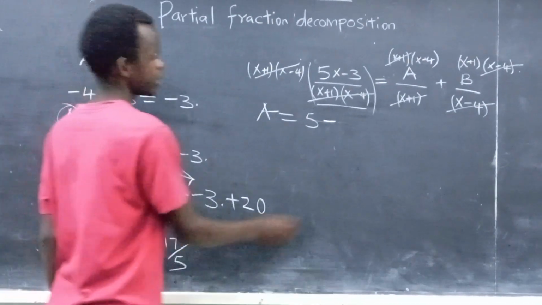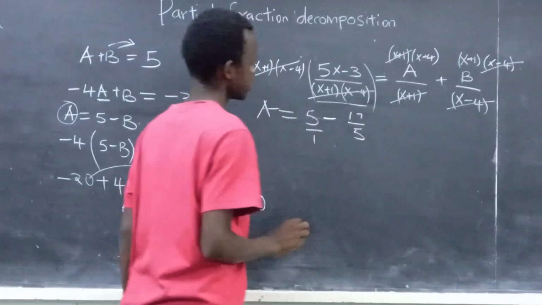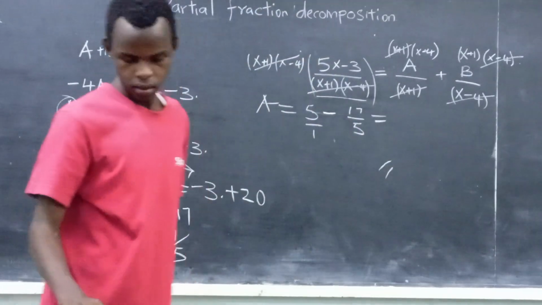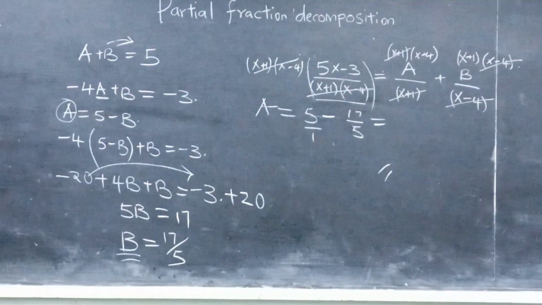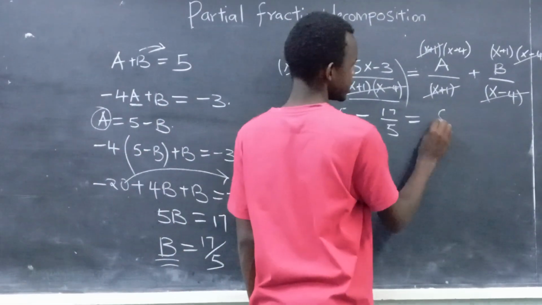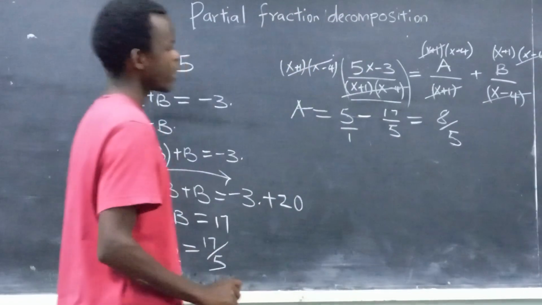Our b is 17 over 5. So from there, just perform your LCM. So our a will be 8 over 5. Okay, so that will be our a.